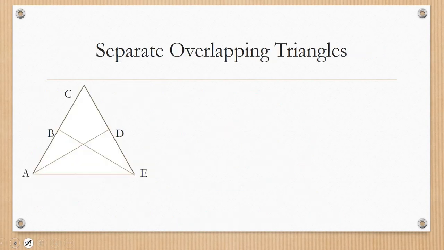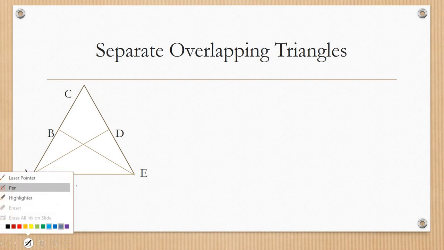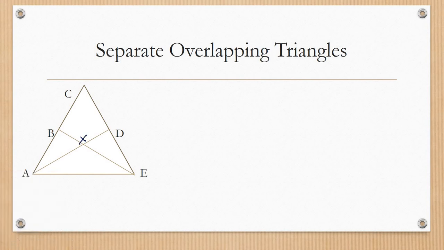I'll try and do a better job with my colors. The first thing I need to do is add an X here. I forgot that. So separating overlapping triangles and using those to do a proof. Again, we're going to do the same kind of thing we did before. The first thing I want to do is put down my givens. So my given is that CA is congruent to CE.